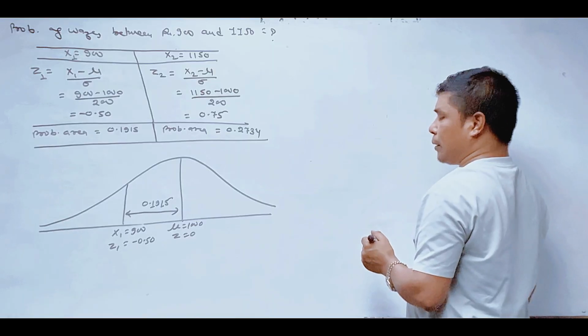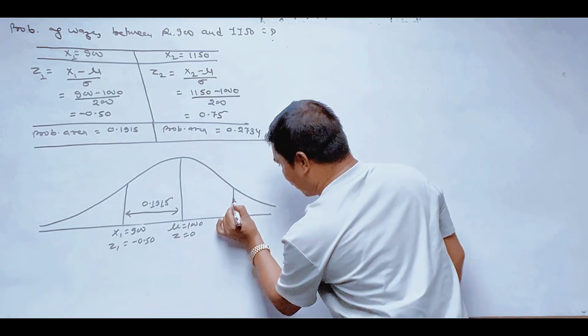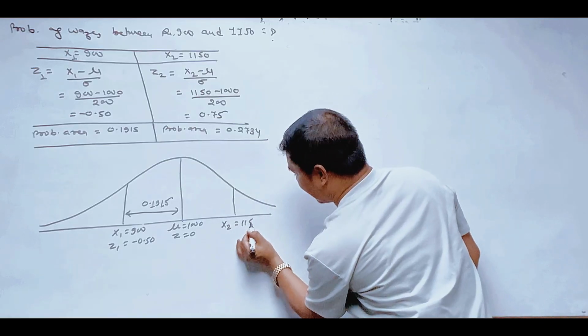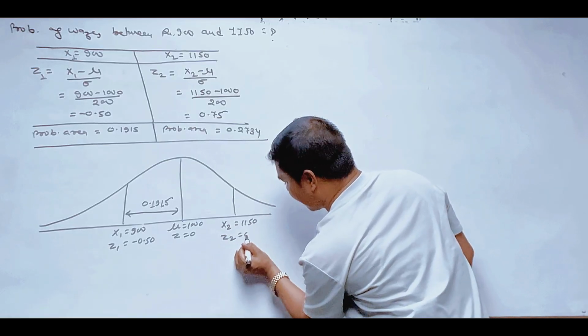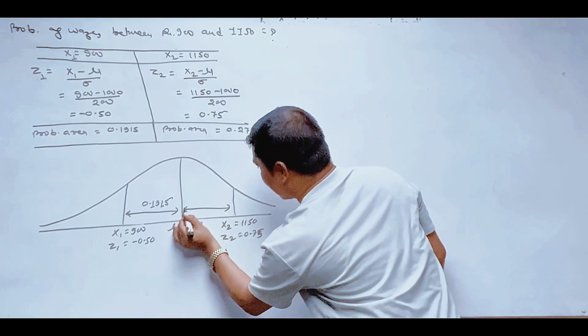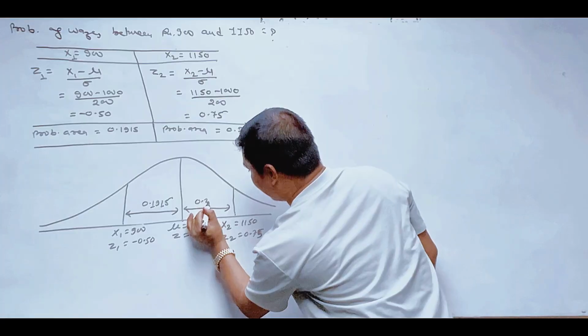The value of rupees 1150 is located at the right side of the mid value, which is x2 or 1150, and z2 equals 0.75. The probability area from the central line is 0.2734.